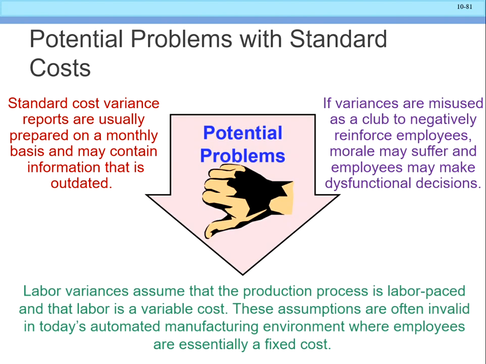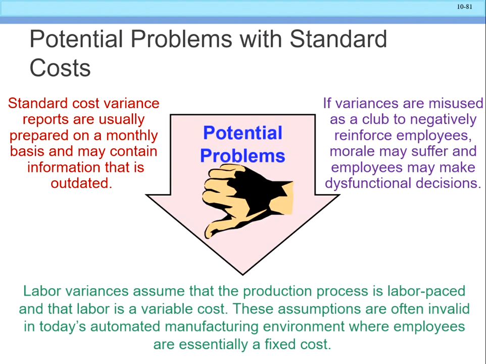Labor variances assume that the production process is labor intensive, and also we are assuming that labor is a variable cost. In many cases, in the modern, automated manufacturing environment, we are now using fewer employees, and labor has also become a fixed cost.